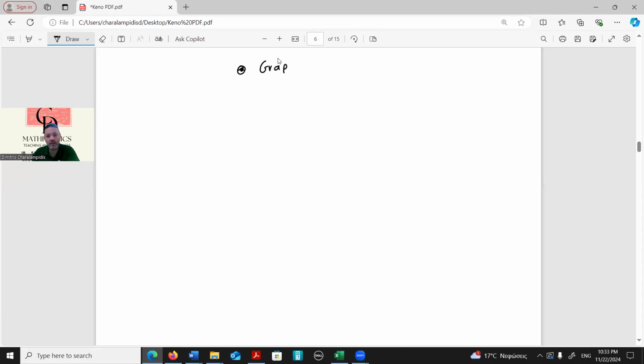So let's start by placing a proper title, graph reflections. And let's begin with the fifth case in our series of transformations, which is the one from f of x turning to minus f of x.